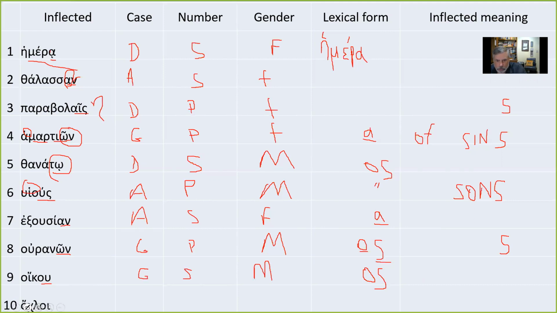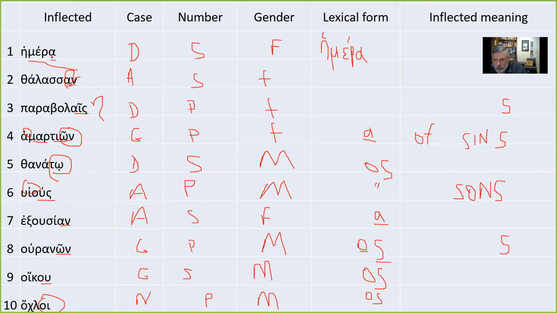Okloi. Well, this omicron iota ending is plural nominative, and it's masculine. And so its lexical form is oklos. Again, we have the omicron sigma for its nominative singular lexical form.